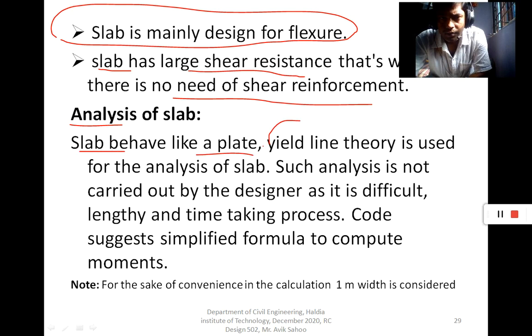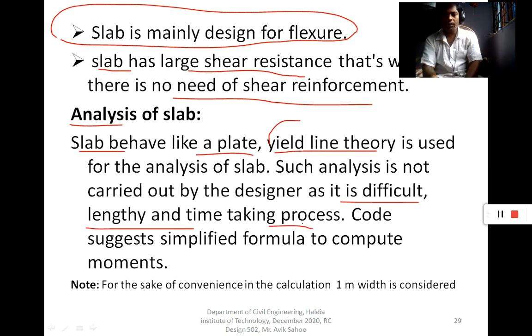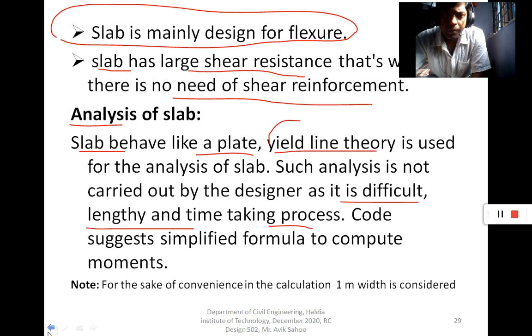This theory is the accurate method to compute moments in slab, but the drawback is this analysis is not carried out by the designer, as it is difficult, lengthy and time-taking process. So that's why yield line theory is not carried out for the analysis of slab.